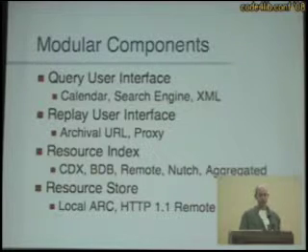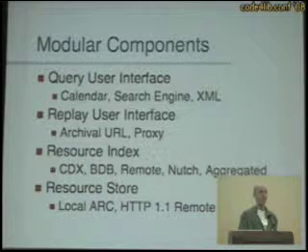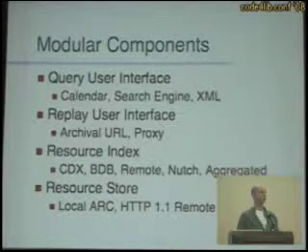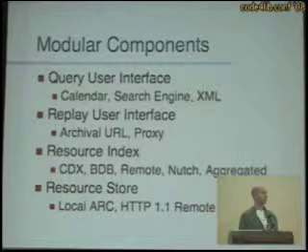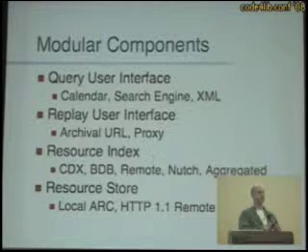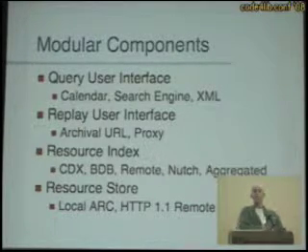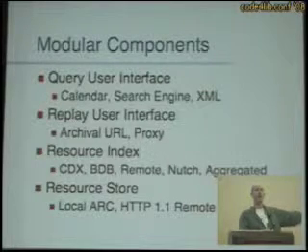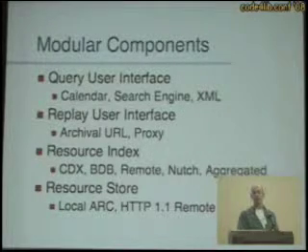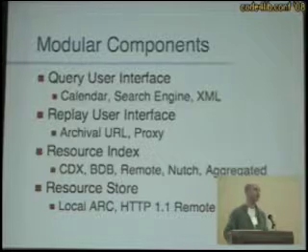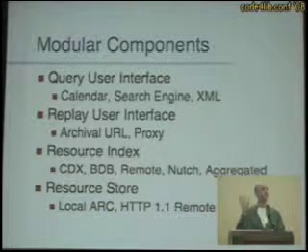So the resource index, I mentioned there's the CDX implementation, the sorted flat file, there's the BDB implementation. We have a remote version of the resource index, which is just an implementation that all it does is assemble the query it received as an HTTP request to another server that actually does have the resource index locally. So I mentioned the query user interface, one of the ways to export the data returned to users is via XML.